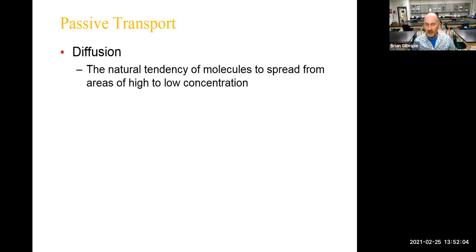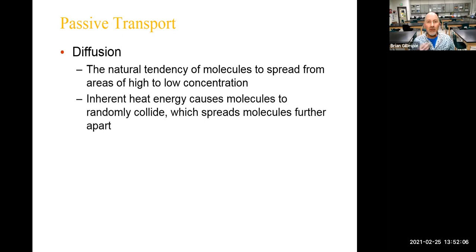The reason why diffusion works is all substances have an inherent amount of heat energy that causes molecules to randomly collide and bounce against one another in different directions, because they're in motion. That's one thing that heat energy does: heat is really the energy that keeps molecules moving around.